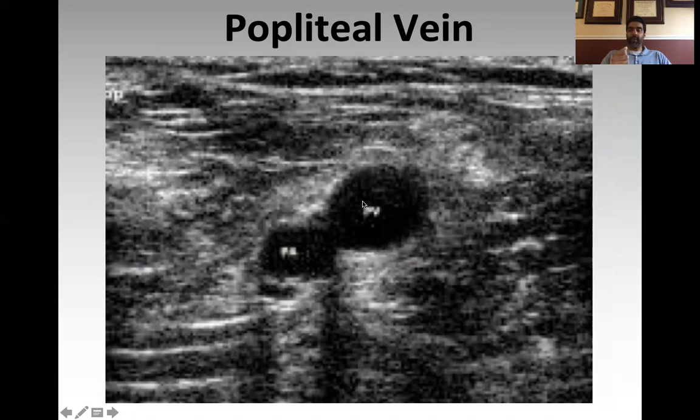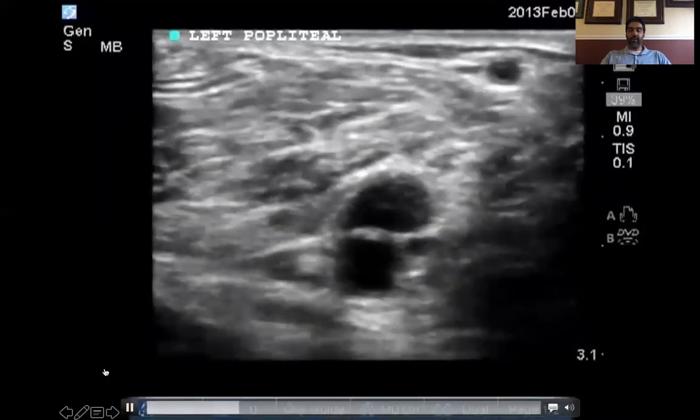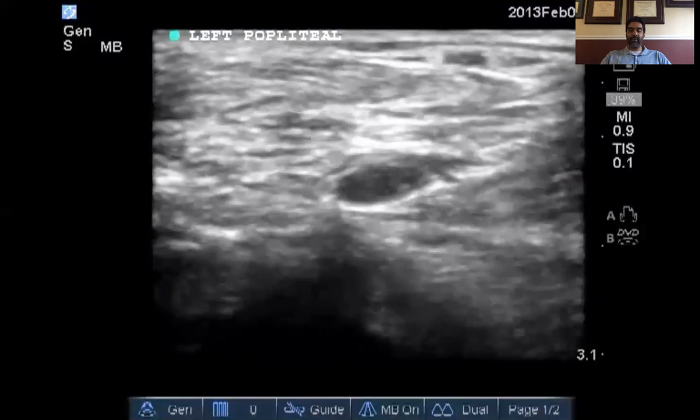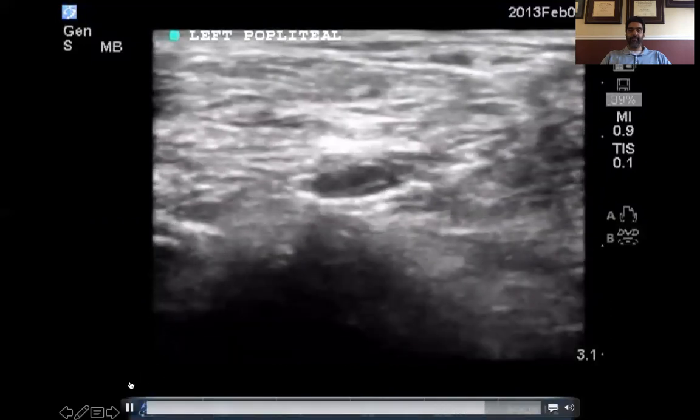If you put your probe in the fossa and all you see is the artery, odds are you're already compressing the vein because normally the popliteal vein is very easily compressible. So if that happens, just let up on your pressure a bit and that vein should open up, okay? So vein and artery, and of course you want to compress there so that the vein collapses. That is a fully compressible popliteal vein.